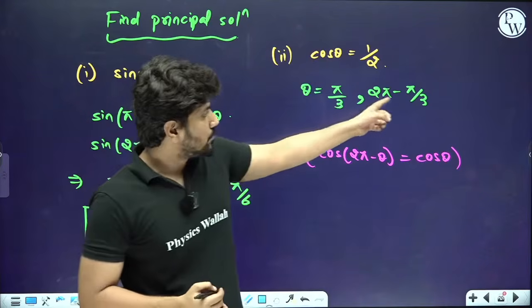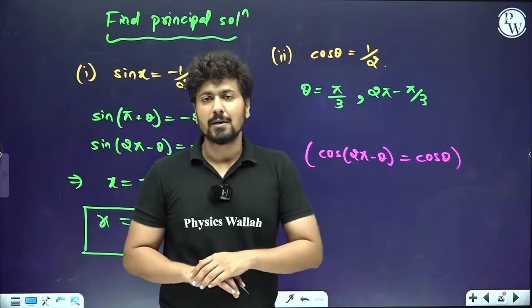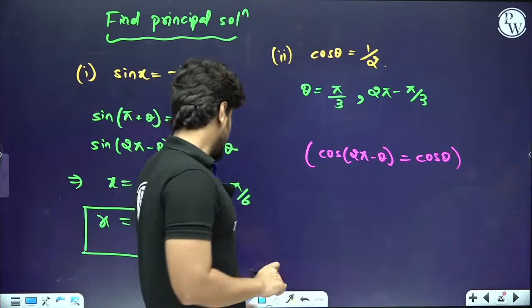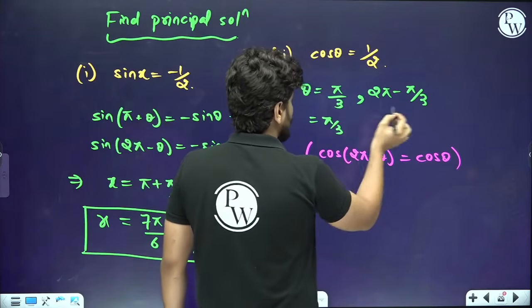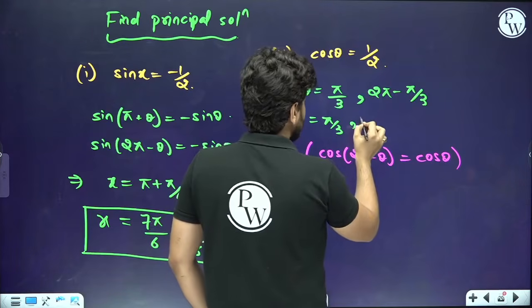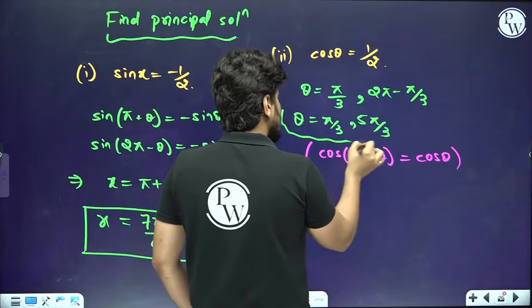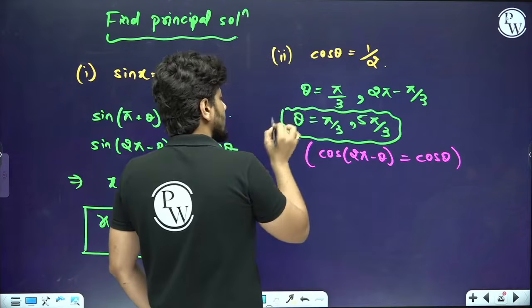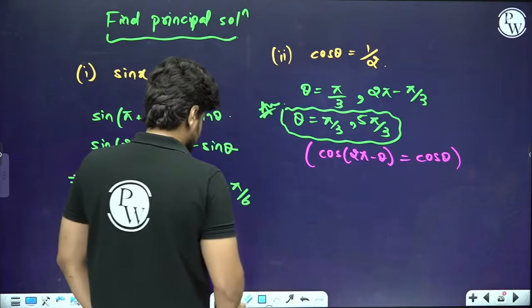So cos of 2 pi minus pi by 3 will be equal to cos of pi by 3. So we are getting two values of theta over here. Theta is equal to pi by 3, or 2 pi minus pi by 3, which is, 3 twos are 6, 6 minus 1, 5, 5 pi by 3. So these are the two values of theta we are getting as our answer. Simple. Let's take a few more examples.